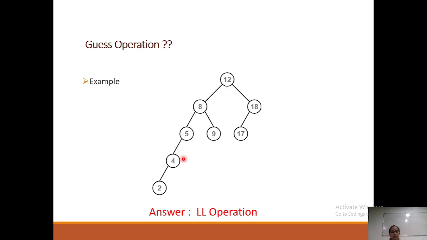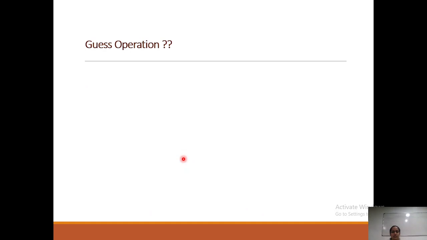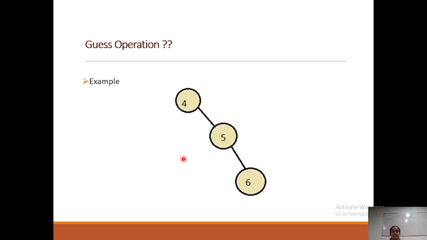Now I want you to try one more example and guess the operation. Here is the example, and you have to guess the operation required for this tree. Consider that leaf node 6 is to be added to the previous tree. You have to check whether imbalance is caused or not. Is there any kind of unbalance, and if so, what kind of unbalance is it?